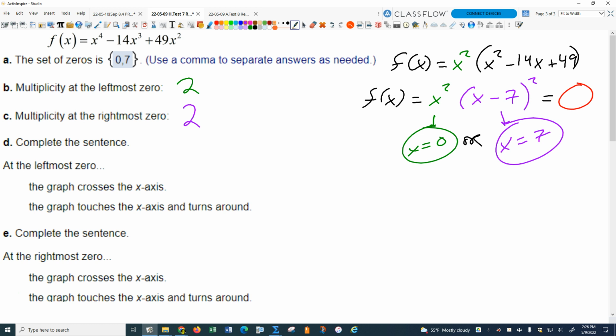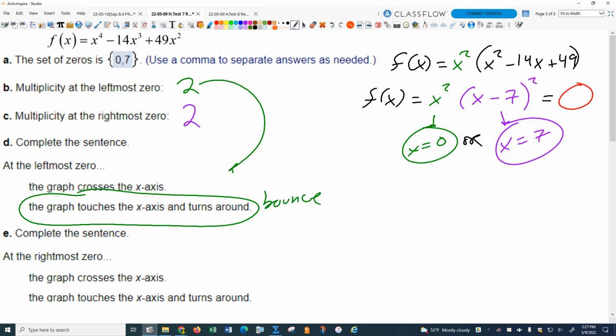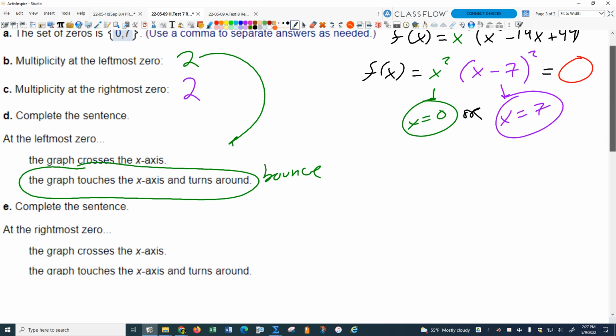Touch and turn around, which is the same thing as what? Bouncing. Yeah, it's going to bounce because the multiplicity is 2. So it's going to bounce at the leftmost 0. How about the rightmost 0? Bounce, yeah. Same thing, because it's also got an even multiplicity.